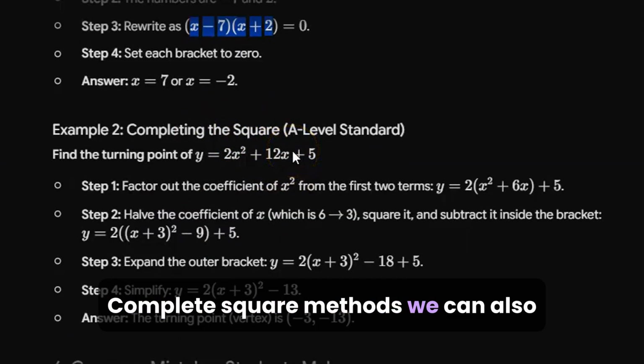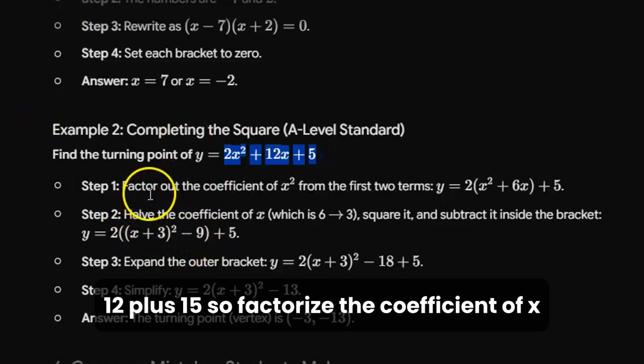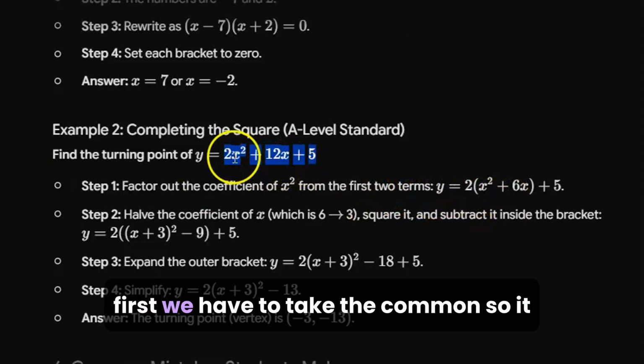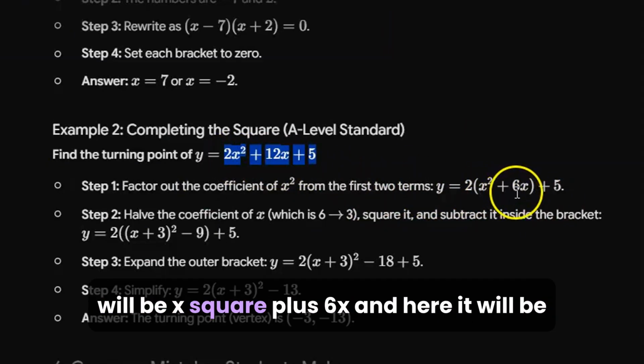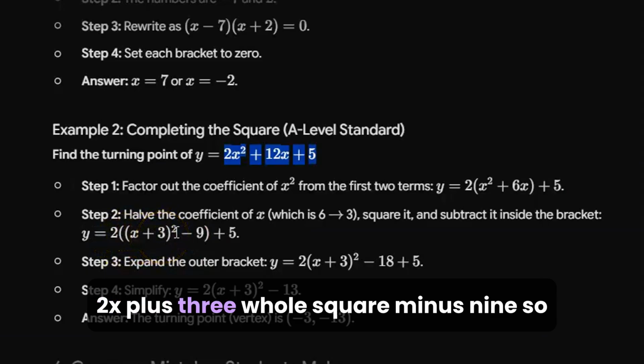Completing the square method we can also use, like y = 2x² + 12x + 5. Factorize the coefficient of x² from the first two terms. So y = 2(x² + 6x) + 5. Then make it a square: 2((x + 3)² - 9) + 5.